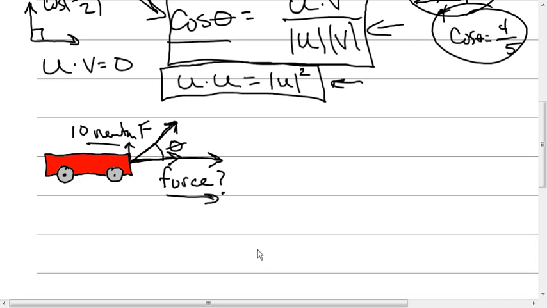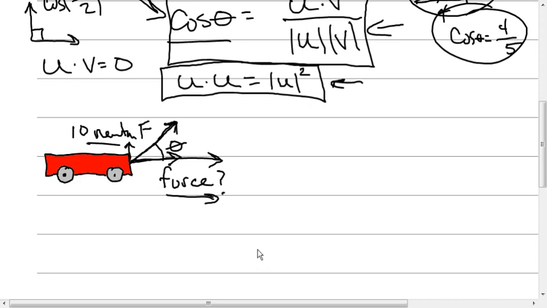Okay, we're now ready to return to our original problem of the little cart, and we're pulling with a force F in one direction, and the cart is going to move horizontally, and the question is how much of that force is actually going to be used to move the little cart forward.